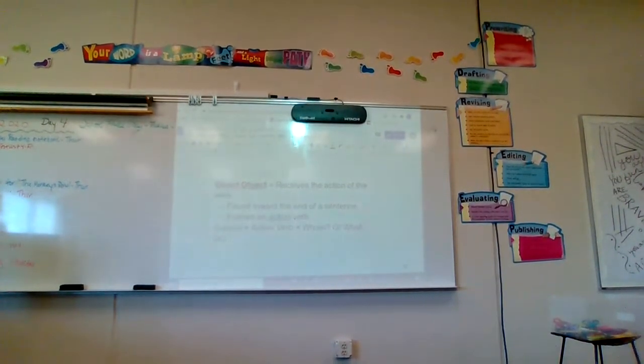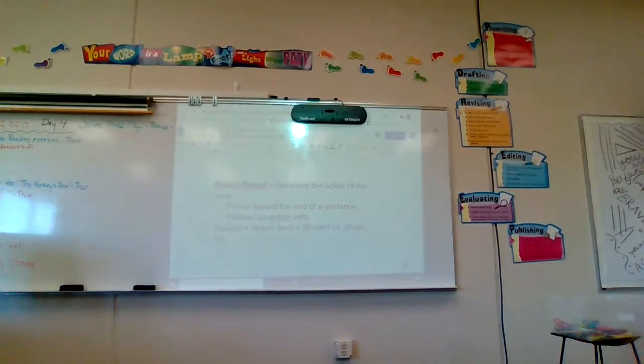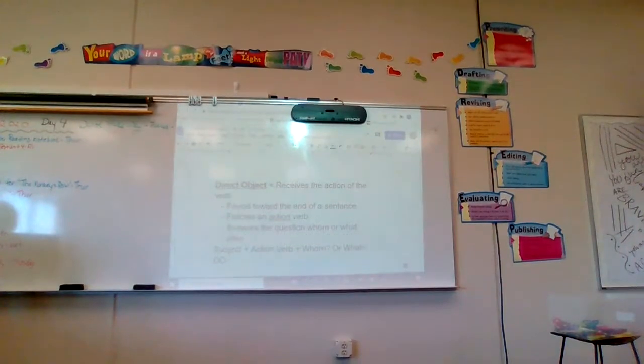If you have a linking verb and not an action verb, you will not have a direct object. Okay? Finally, we're just going to say it answers the question whom or what after the verb.